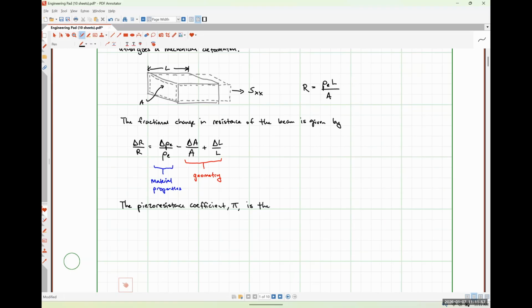It is the fractional change in resistivity per unit stress.